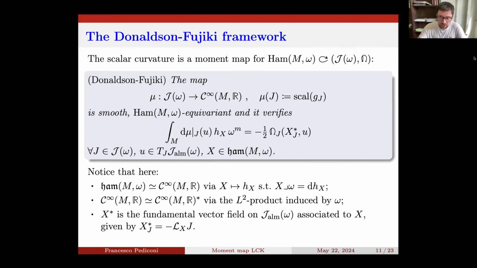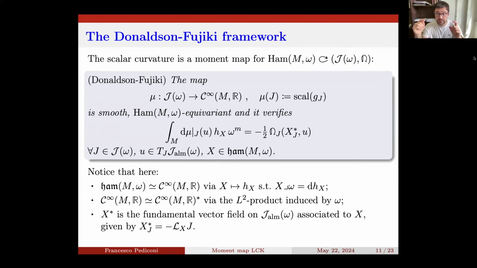To be more precise, I should have said smooth functions up to a constant. Of course, the identification takes a vector and gives you its potential. And we are also identifying the space of smooth functions and its dual by means of the L2 product induced by the symplectic form omega. While on the right-hand side of the equation, there appears a vector field x star.